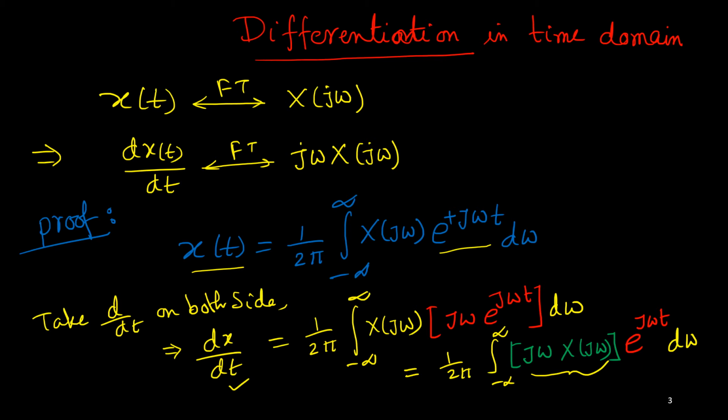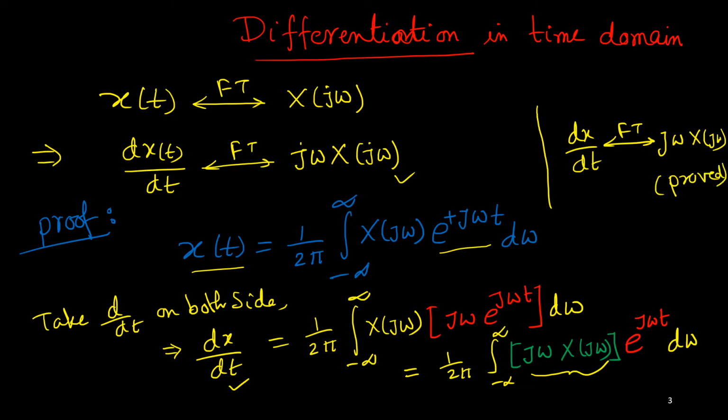In other words, the Fourier transform of dx dt will be this green one, that is j omega times X of j omega. So it is the same thing. So this is proved. It's a simple proof.